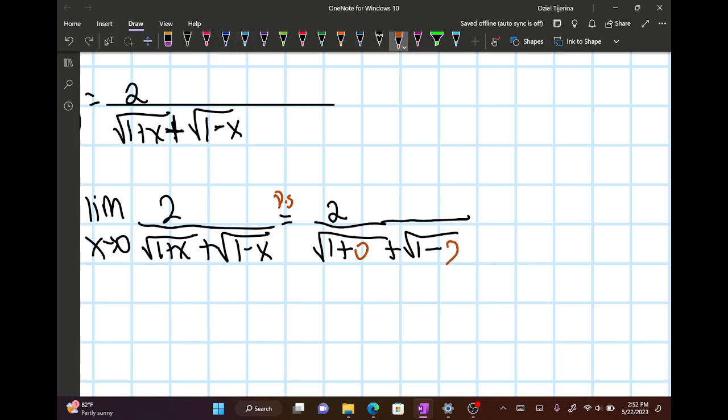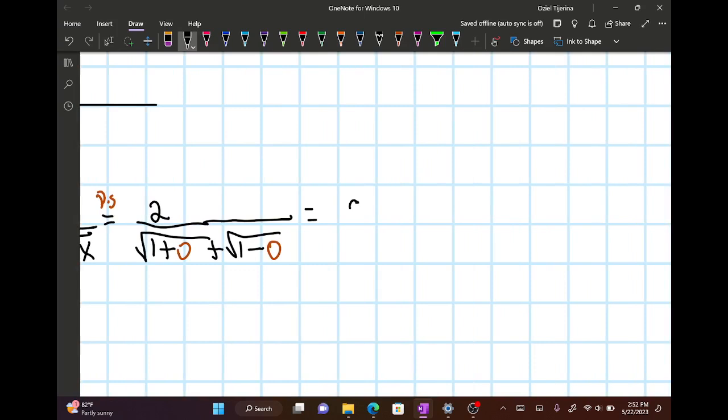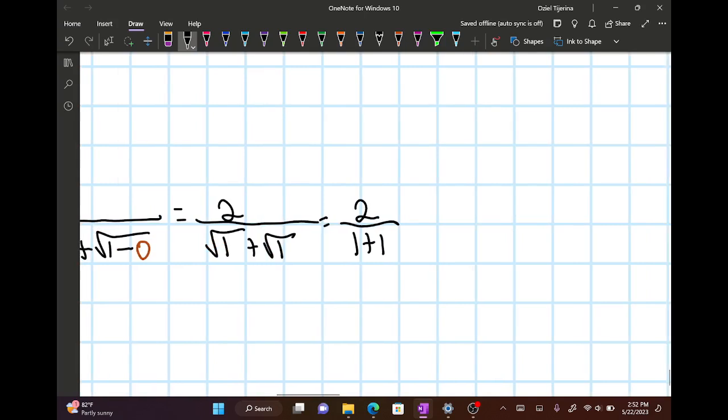We just evaluate that: 2 over the square root of 1 plus the square root of 1, which is equal to 2 over 1 plus 1, which is 2 over 2, which is equal to 1.